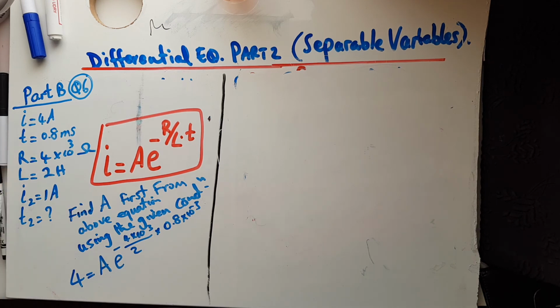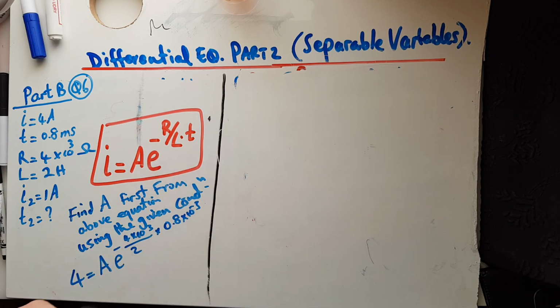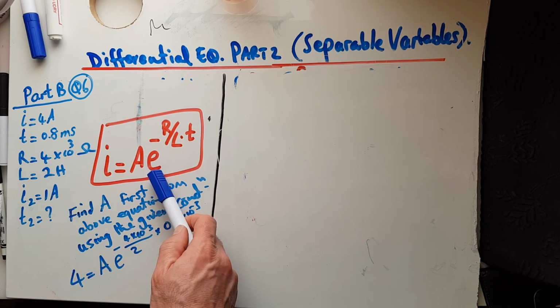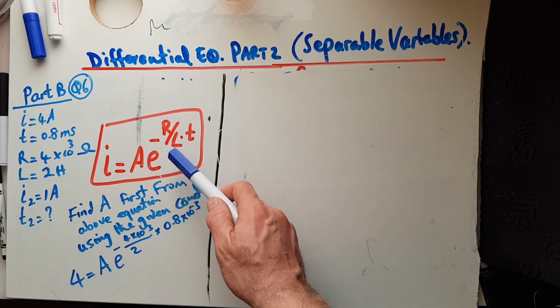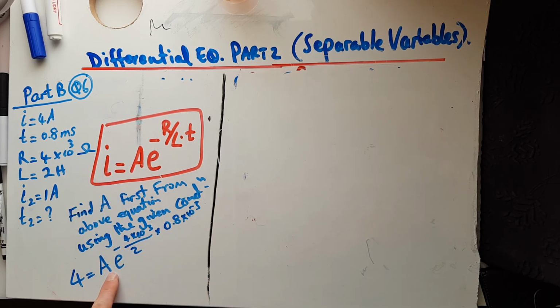So we substitute these values into the equation we got from part A. We found this relationship, I equal to a times e to the power R over L times t. We know I is given to be 4, and we want to find a. We know e, and R is equal to this, divided by L, which is given as 2.